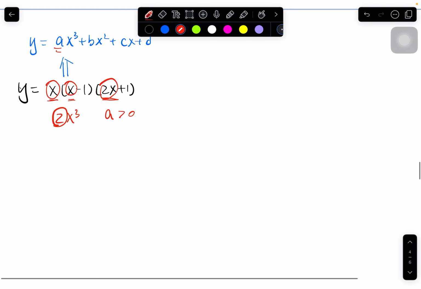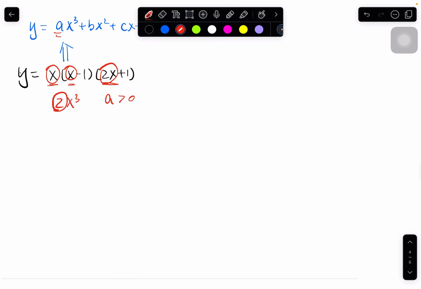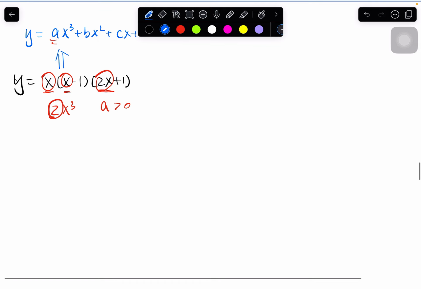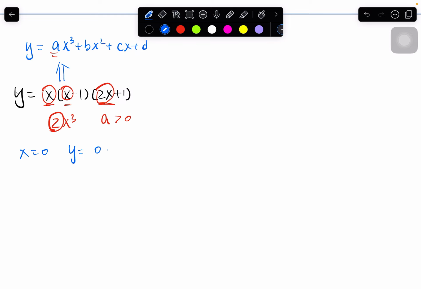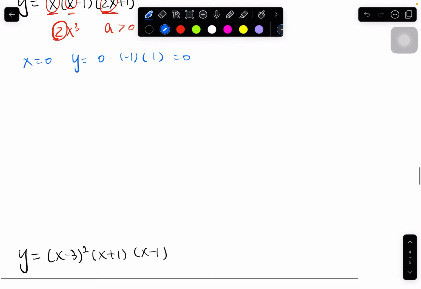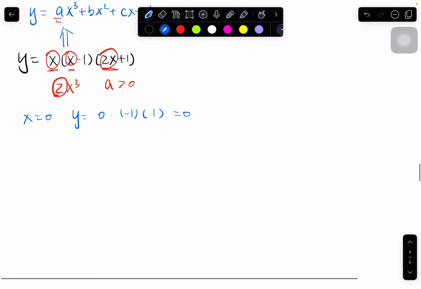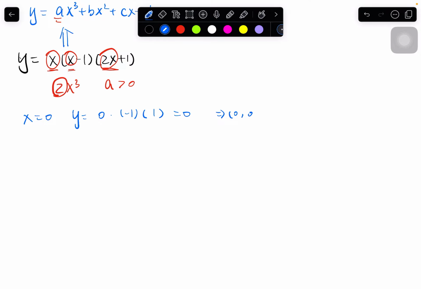Now in the next step, we have to decide the y-intercept. So what is the y-intercept? We just let x equals 0. And now we get y equals 0 times minus 1 times 1. So you get y equals 0. And now you know that the y-intercept is (0, 0). Okay.